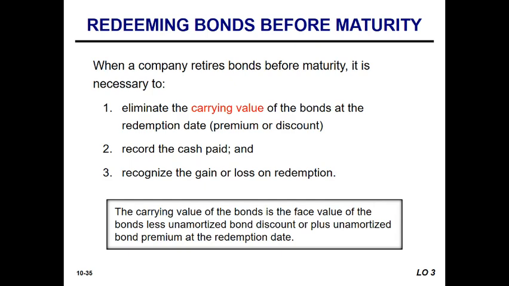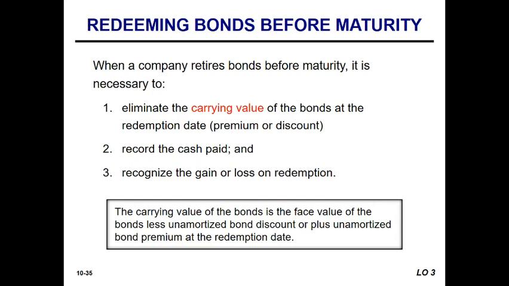Carrying value of bonds is the face value of a bond less any unamortized bond discount or plus any unamortized bond premium on the redemption date. So you would amortize through the redemption date, and then whatever is left over would reflect what the carrying value is.